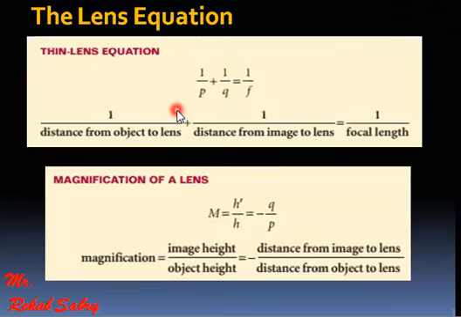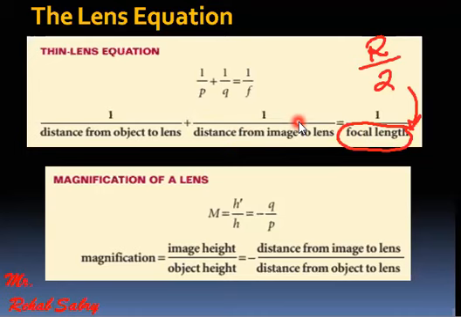Well, this is the lens equation. It's the same as the mirrors equation: 1/P + 1/Q = 1/F. P is the object distance from the lens, Q is the image distance, and F is the focal distance. Here also, F, the focal distance, is R divided by 2.